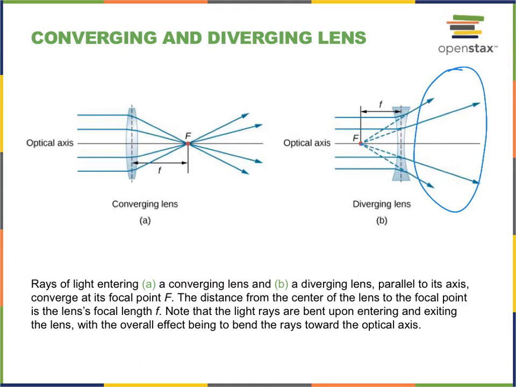For that diverging lens, it's actually in front of the lens. Just something I'll probably mention later. For the converging lens, that means that the focal length is a positive quantity, but for the diverging lens, the focal length is a negative quantity.